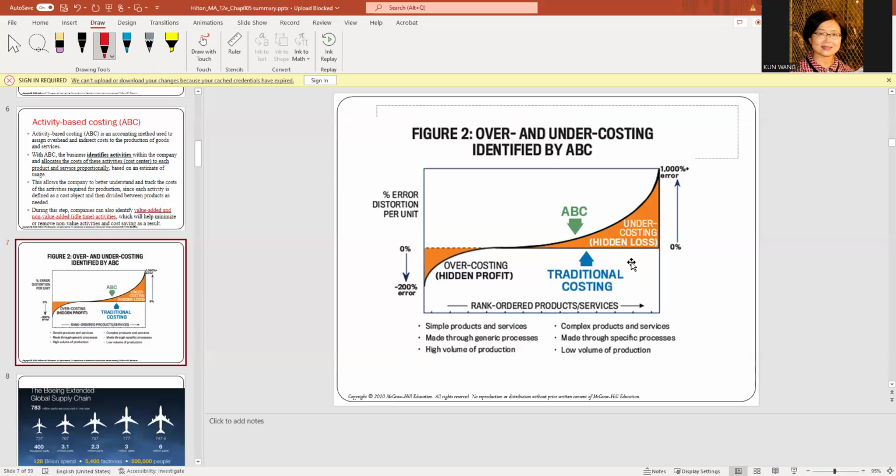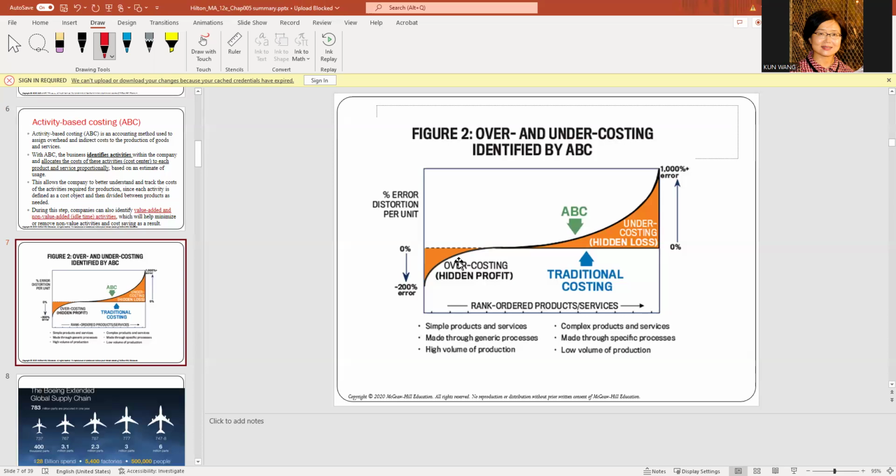So you are shifting some of the overhead you should give to the high-end products to your general products. So it makes their cost overestimated. And then you overcharge your common products and they lose competitive advantage in the market.